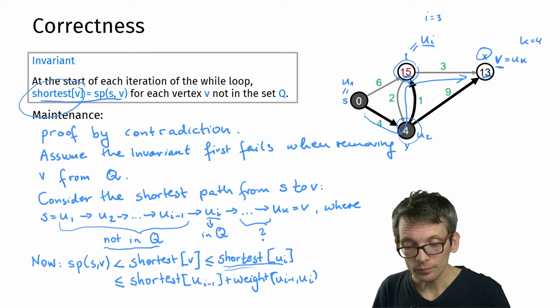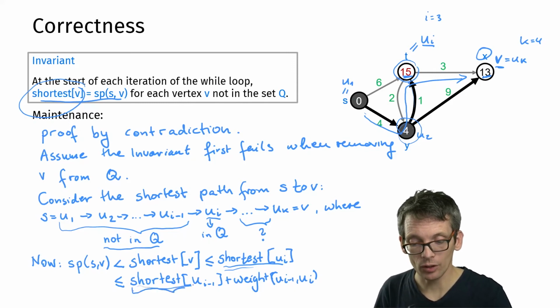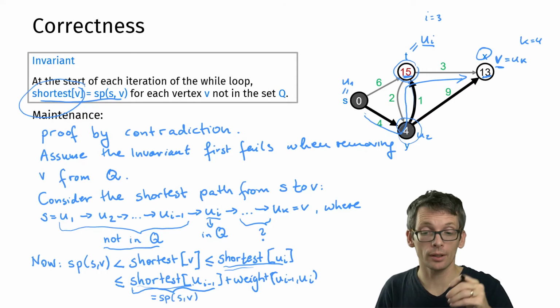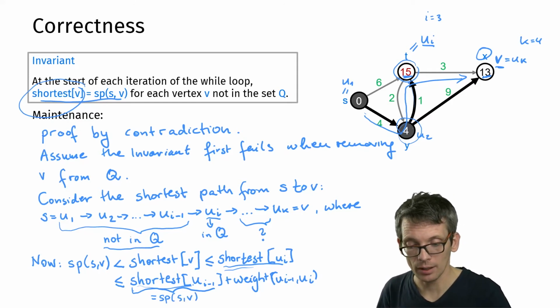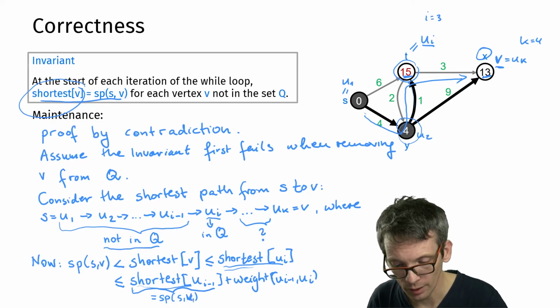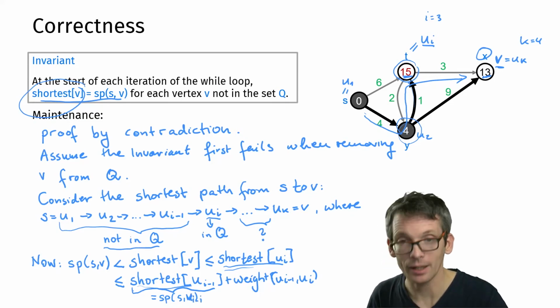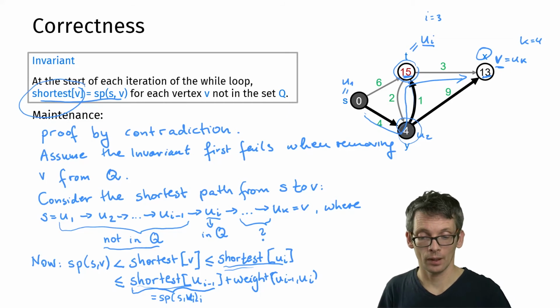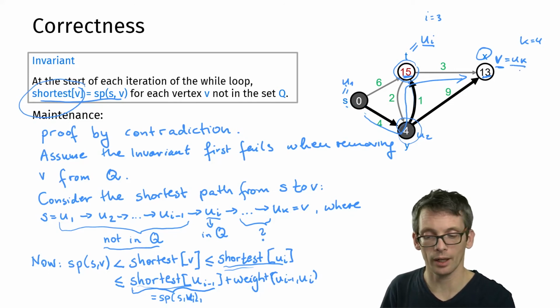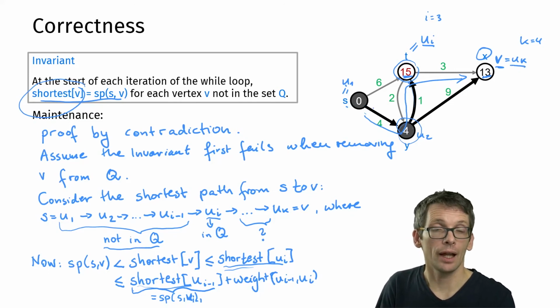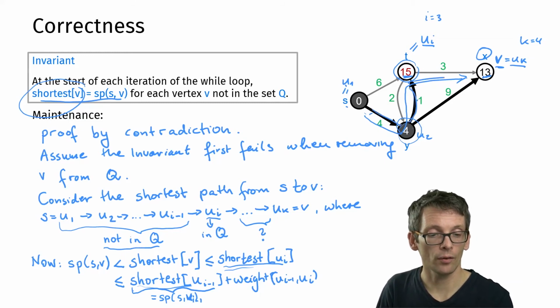And we do actually know that this shortest value corresponds to the shortest distance, so the length of the shortest path from S to UI minus 1. Now if I look at the shortest path from U1 to UK, then the length of that simply corresponds to adding up the edge weights of the edges on that path.